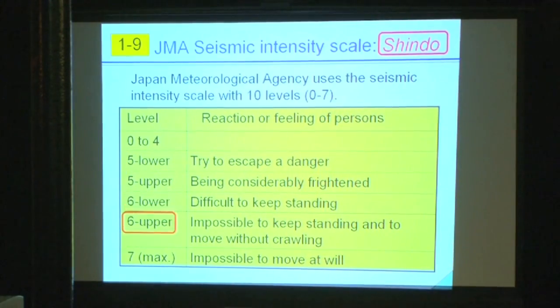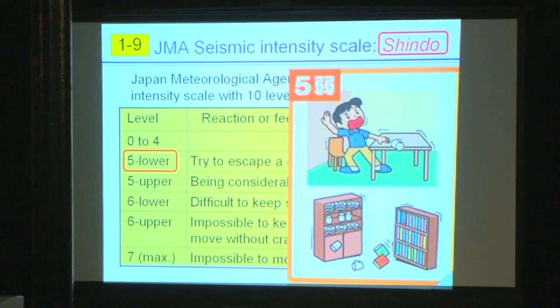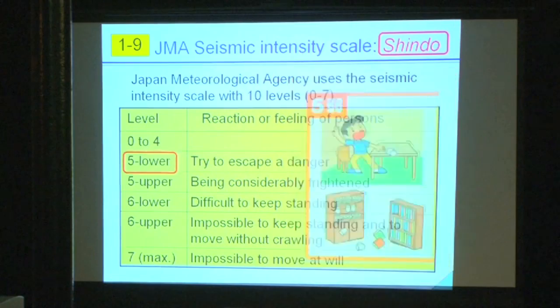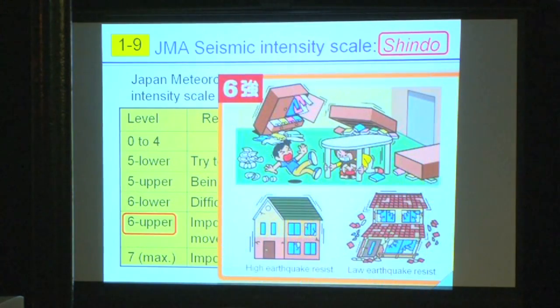And at 6 upper, many people cannot keep standing and cannot move without crawling, and unfixed furniture moves and falls. Also, houses with low earthquake resistance collapse.